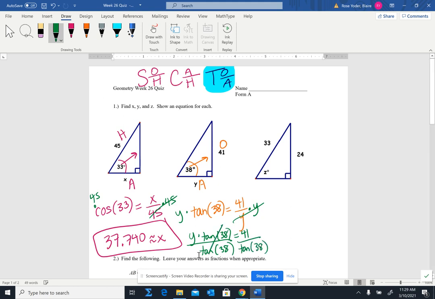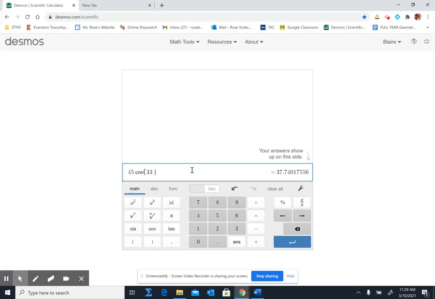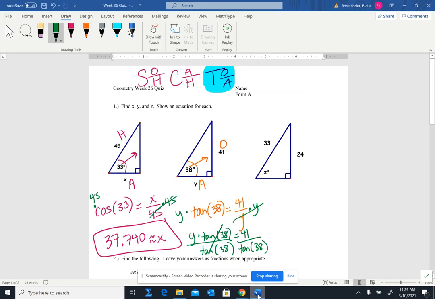And that's what I want to type in the calculator. So this time it's not 41 times tan 38, it's 41 divided by tan 38, which is 52.477, but then there's a 6 after it, so I'm going to go 52.478.